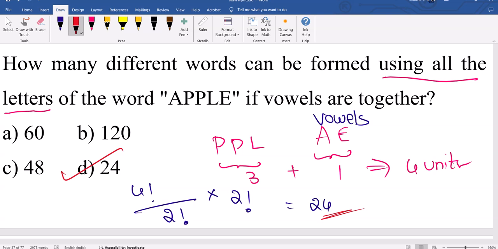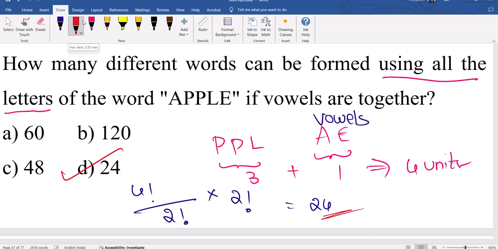So 3 factorial into 3 factorial divided by 2: 36 divided by 2, 18 is your answer. Whether the P's are in consonants together or separately, wherever it is repeated, division by 2 factorial will come.